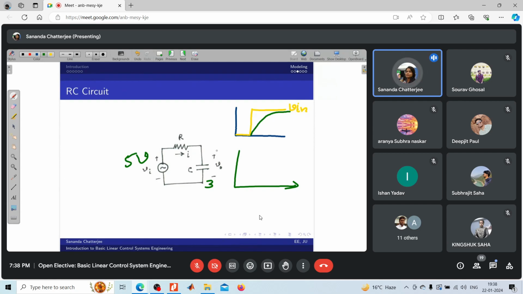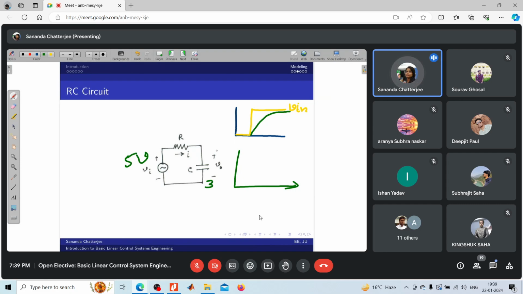We will have a similar element in the mechanical system, similar to the resistance and damper equivalence. We will have a similar element in the temperature control system. We will have some equivalent in the flow of a tank and pneumatic flow system.